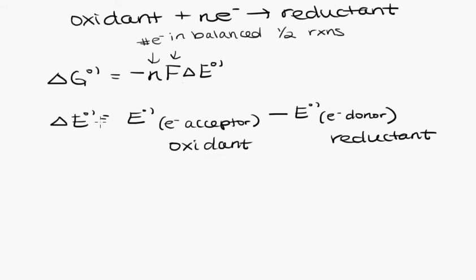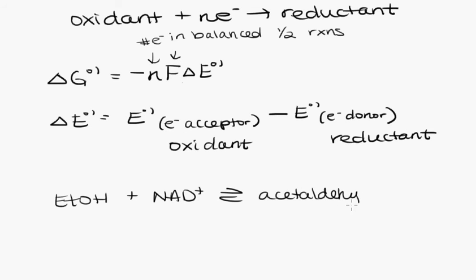Okay, so one example of this is if we take ethanol plus NAD plus to make acetaldehyde plus NADH plus H plus.